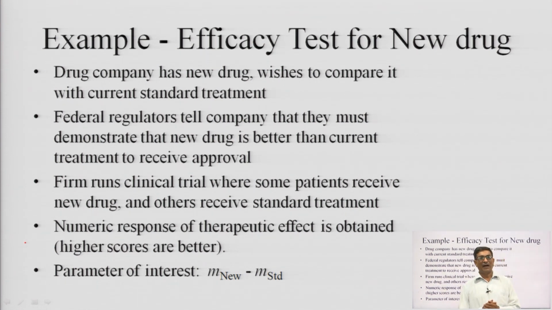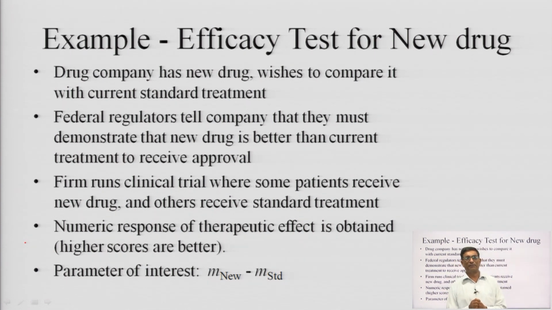So, in this example, the parameter of interest is the mean of the new drug and the mean of the standard treatment, and we want to test whether there is a significant difference between these two treatments or not. That means, we want to test whether the mean of the new treatment is equal to the mean of the standard treatment. So, when testing the hypothesis, the first step is to write the null hypothesis.